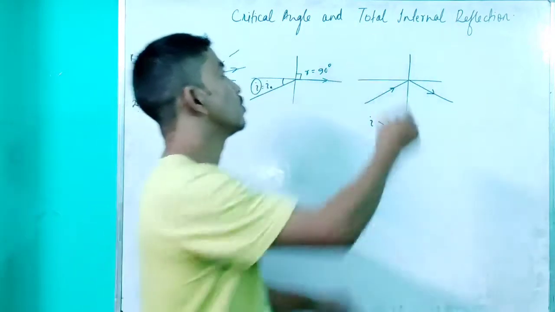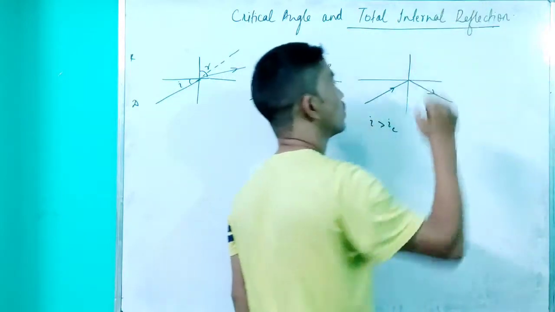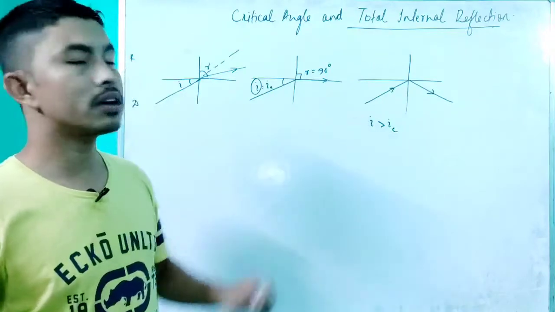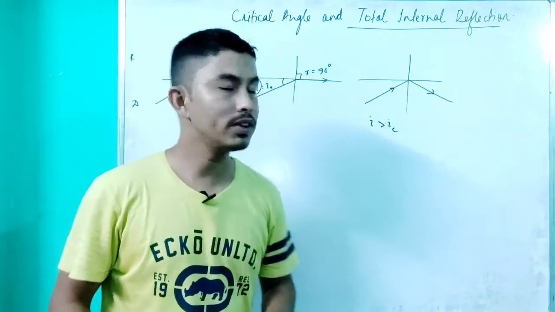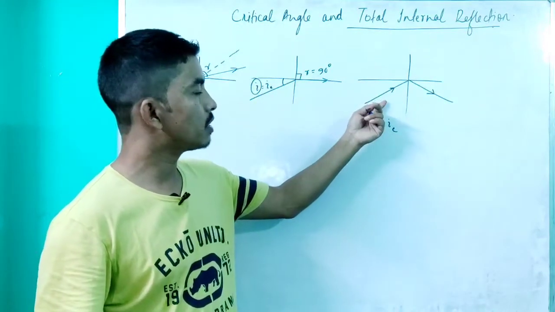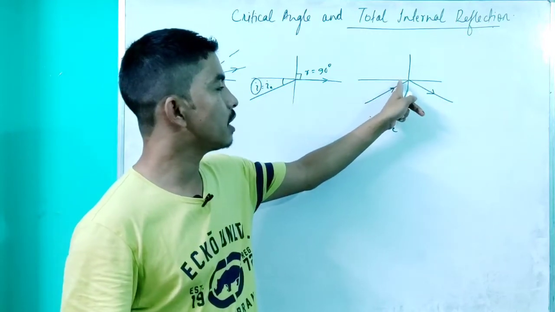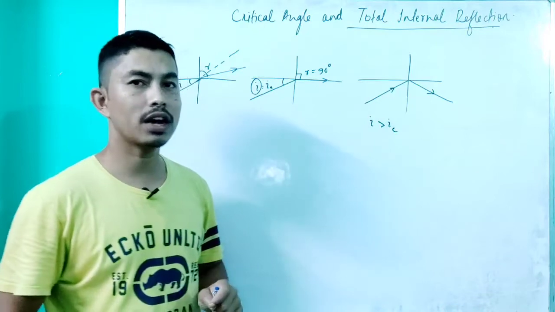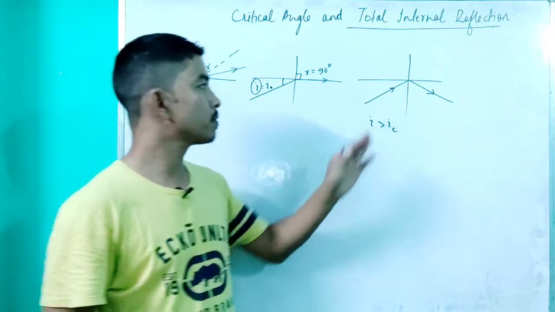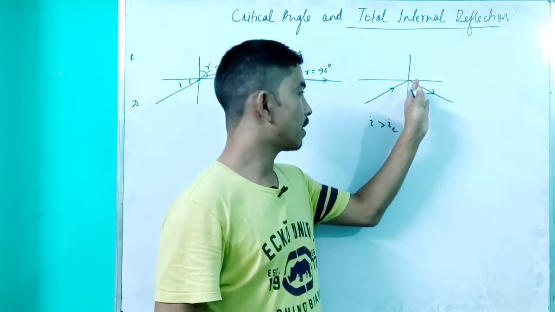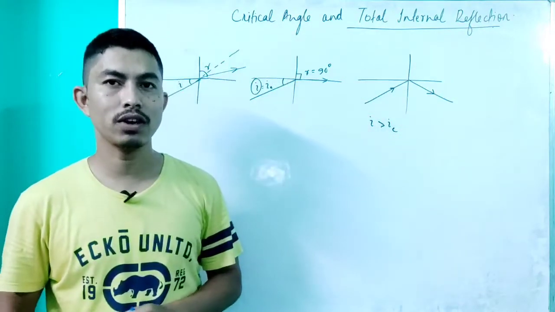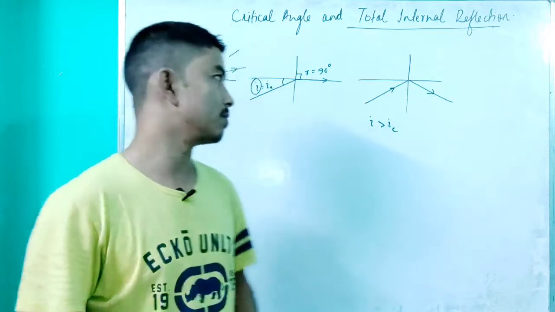That is known as total internal reflection. So how can we define it? Total internal reflection is a phenomenon in which a ray of light traveling in a denser medium is incident at the refracting surface with an angle greater than the critical angle for the pair of media, and the ray of light is completely reflected back into the denser medium.